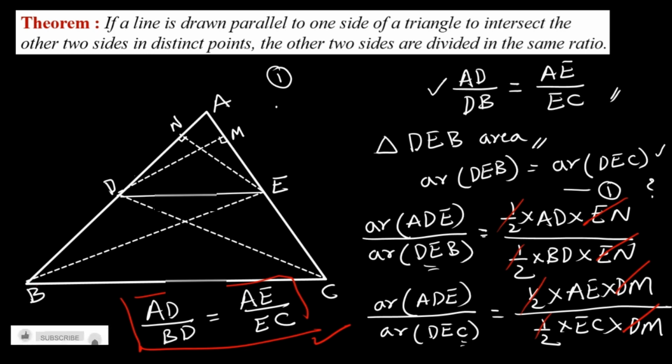The second logic is, while taking the ratio of ADE by DEB, use this height and this base. Similarly, for the other ratio, use this AE base and DM height. That's all you need to remember, because they get cancelled. If you use the other side, it will not get cancelled. With these two points, you can prove this theorem.